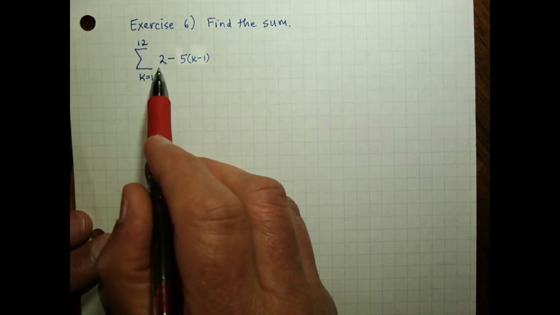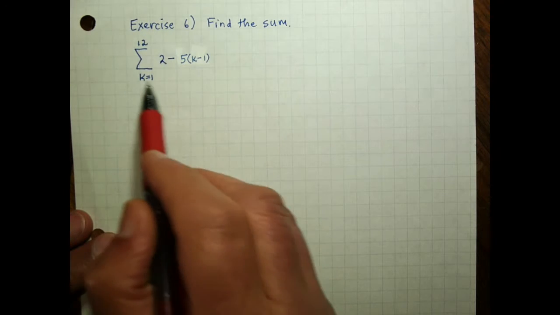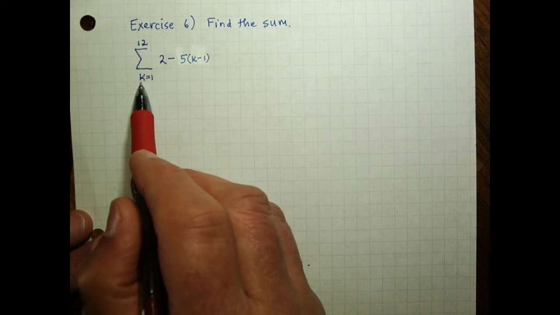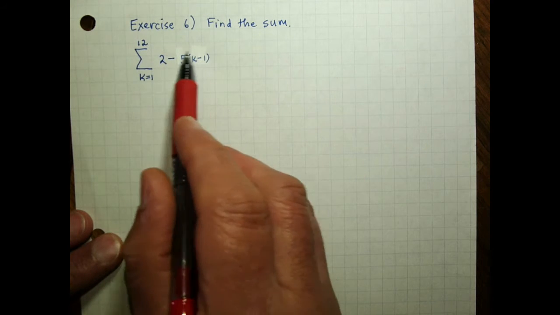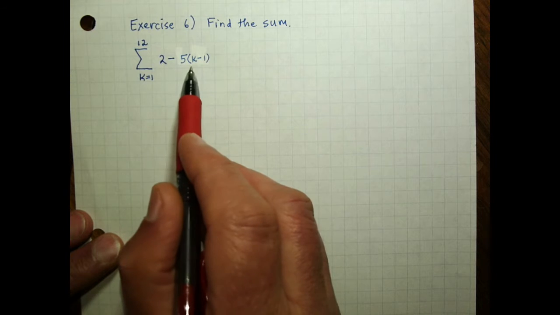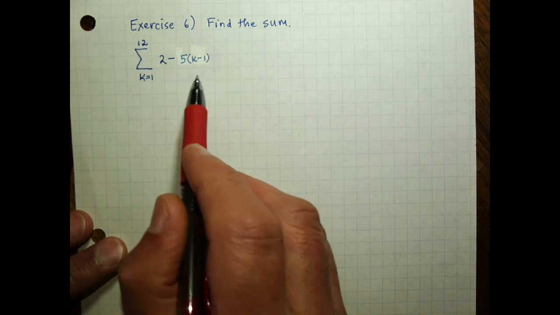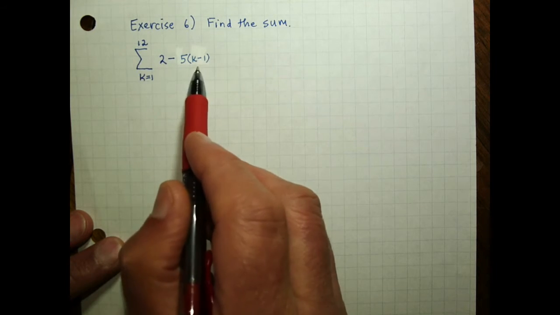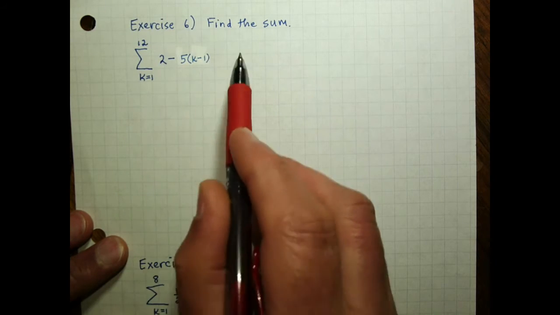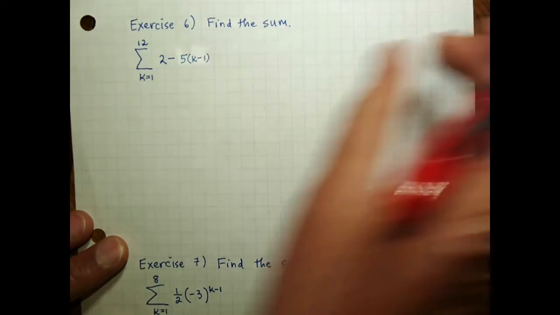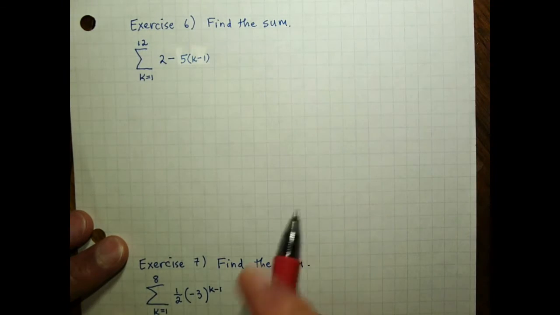We talked about this a few videos ago, where what this symbolism means is, since we're summing from k equals 1 to 12, you can take this expression and plug in k equals 1, then add to it what you get when you plug in k equals 2, k equals 3, k equals 4, all the way up to k equals 12. So there will be 12 terms to add up.